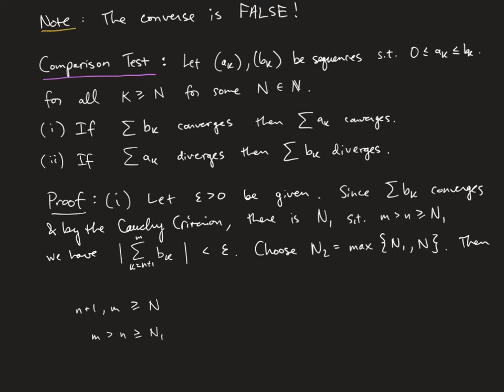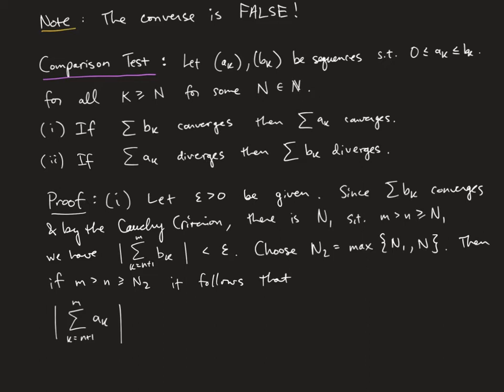Then if m is bigger than n is bigger than or equal to n2, it follows that the sum of the a's, so the partial a tail, k from n plus 1 to m, the absolute value of that, well, each of these terms now is greater than or equal to 0, right?